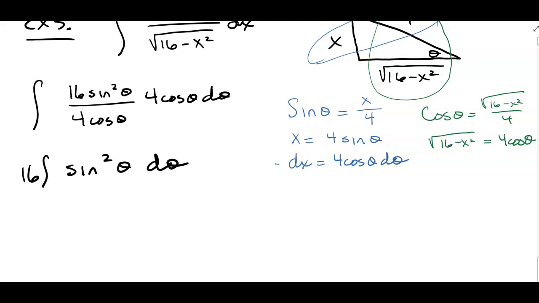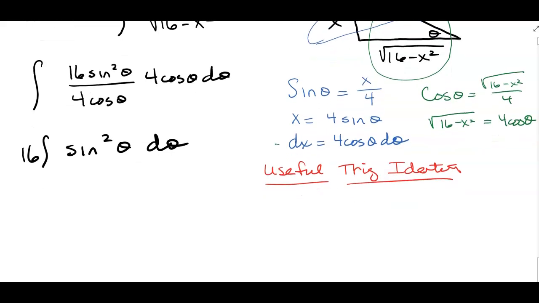All right, so we're going to need a useful trig identity on this one. When I use an identity in the video, that might be one of the ones you want to make sure you write down and memorize.